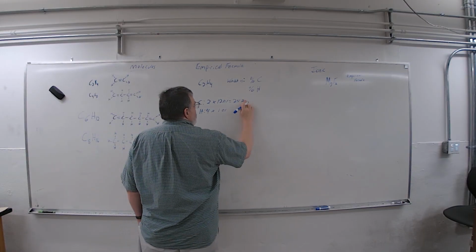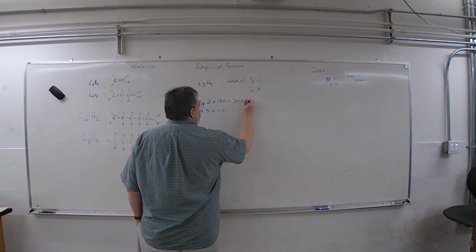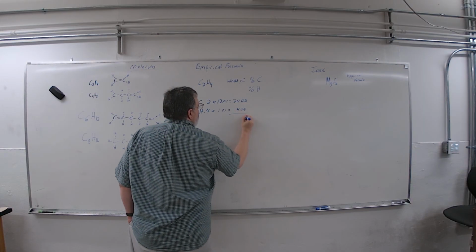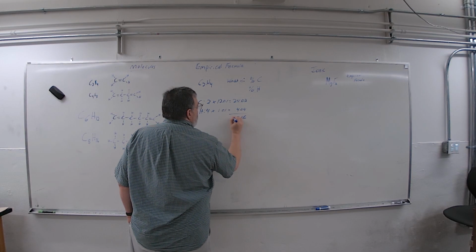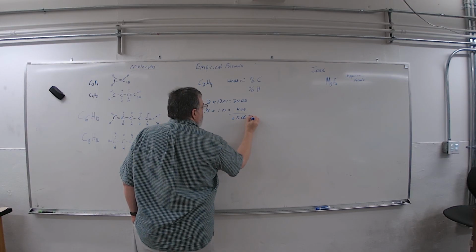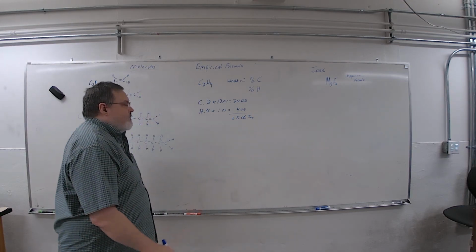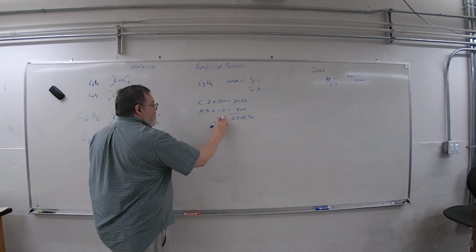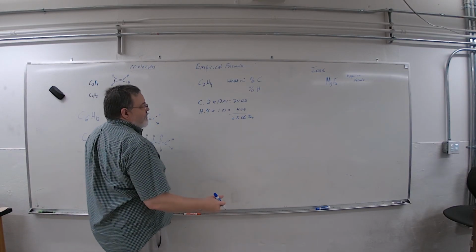Times 2 for hydrogen, this would be 4.04, in grams per mole, or AMU, but we're going to use grams per mole. So that's the total of what that weighs in grams per mole, 28.06.